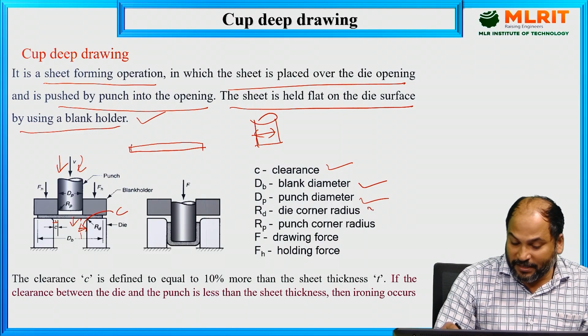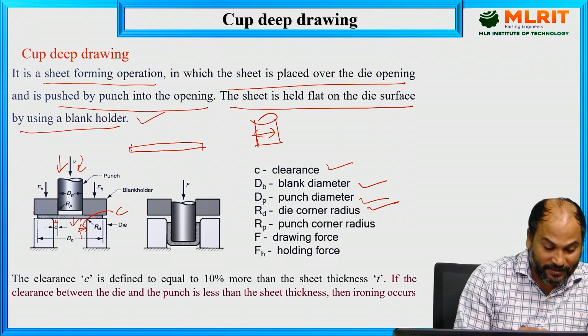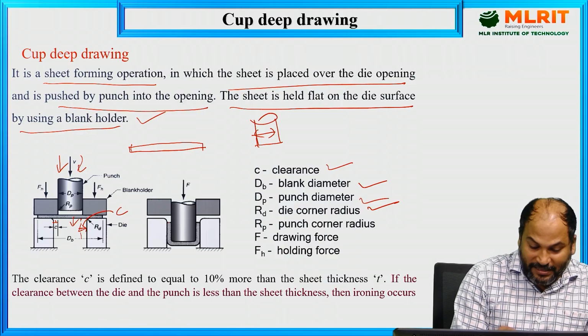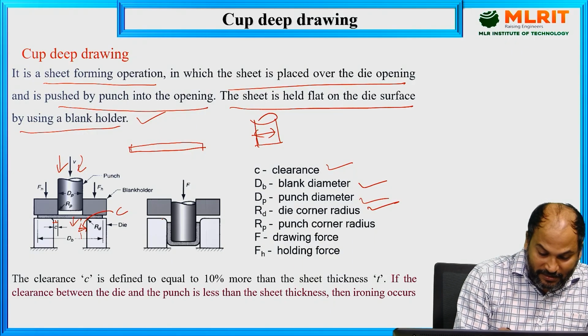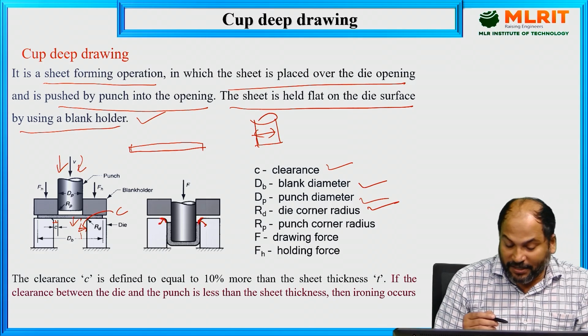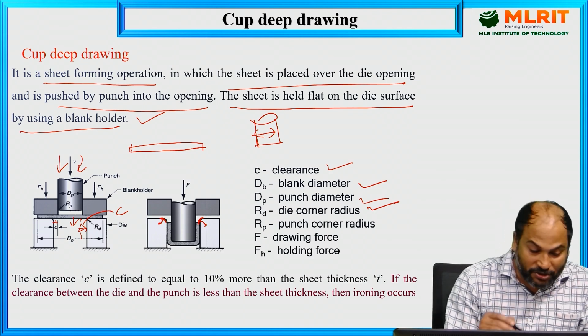Then we have radius RD. This is the die, and the radius of this one is actually RD, the die corner radius. Then we have the punch corner radius.